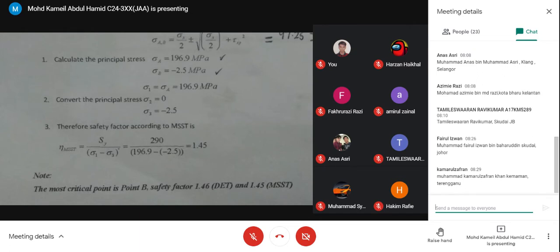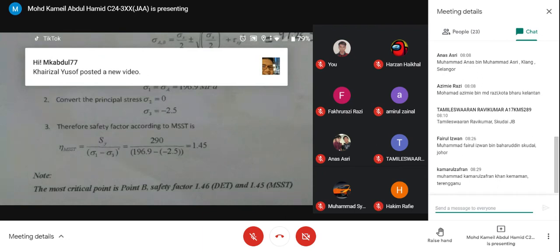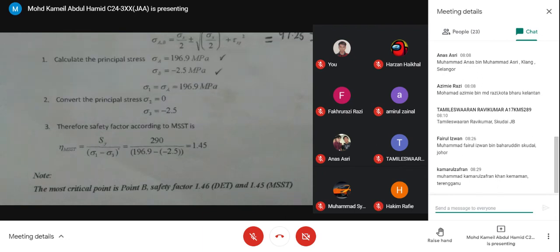Then having got point B, we compare with A and B. Since the safety factor at point B is less than the safety factor at point A, that is the justification to choose point B as the most critical point.